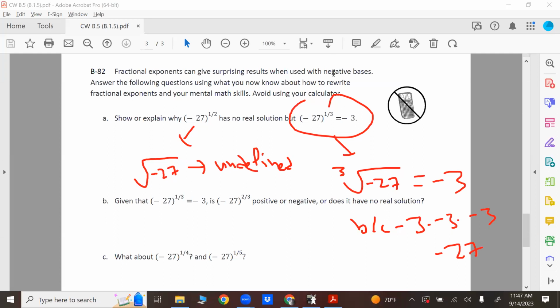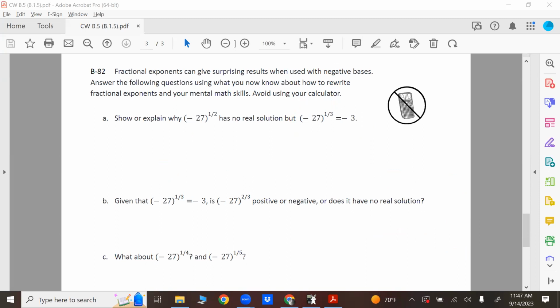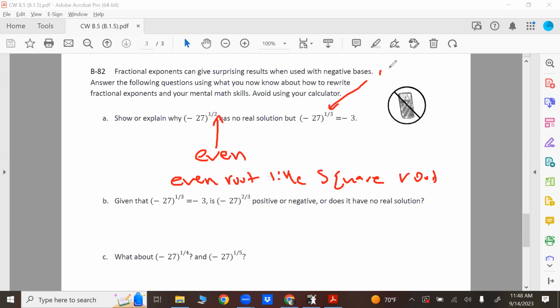All right. So, really quickly, when this is even, that's going to be an even root, like square root. When that is odd, that's going to be an odd root, like cube root.